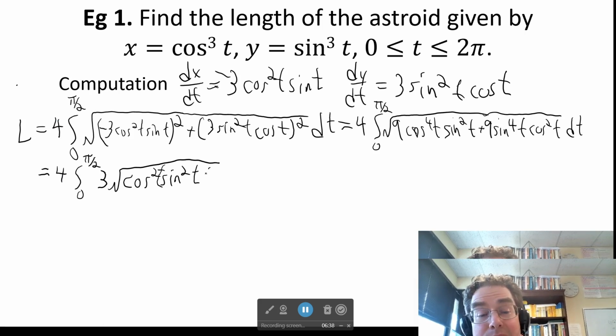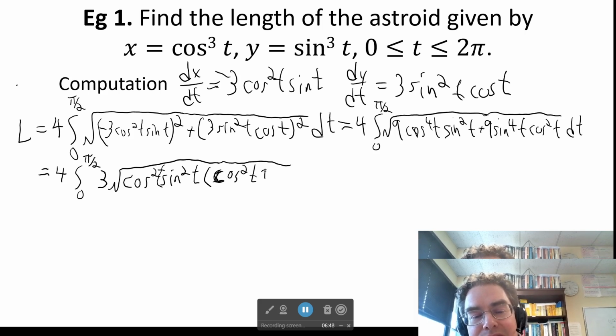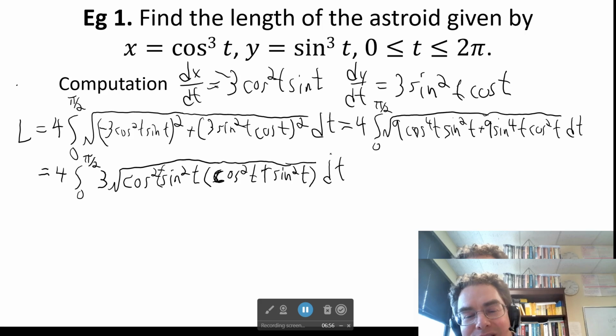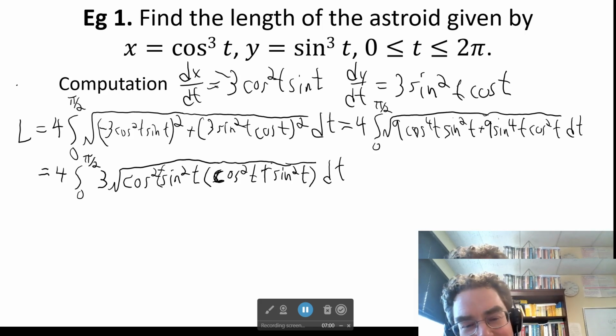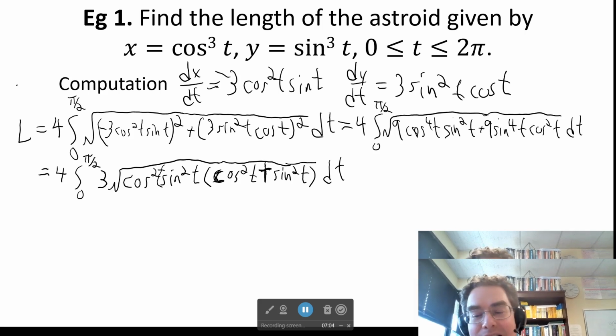Okay, and then what's left after we factor those out is, well, cosine squared t in the first term and sine squared t in the second term. Well, wouldn't you know, like we said, things start to simplify down a little bit here. Hopefully you notice cosine squared t plus sine squared t, that's just going to be 1.